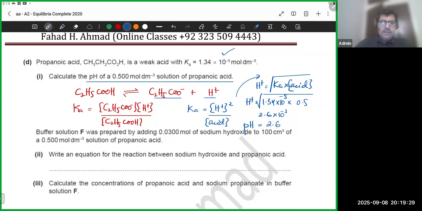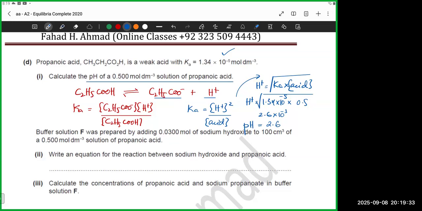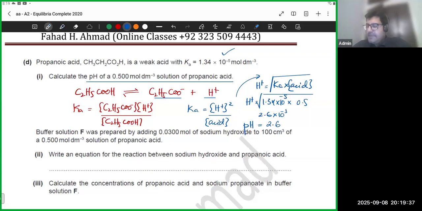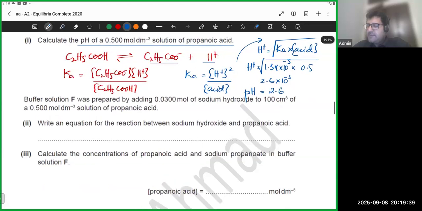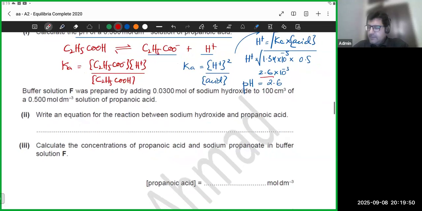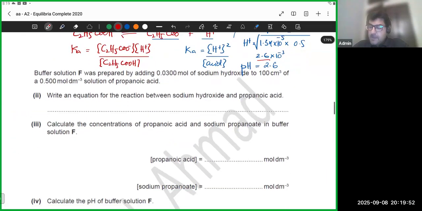I don't think... negative log of 2.6 times 10 power minus 3 is 2.6. Okay, that's odd, because there was 2.6 over there, so it didn't really make sense. But if the calculator is giving you that answer, then that's the answer.